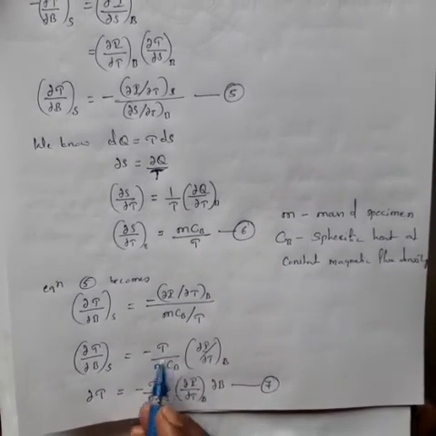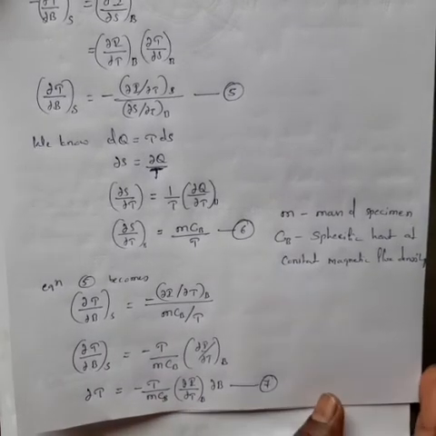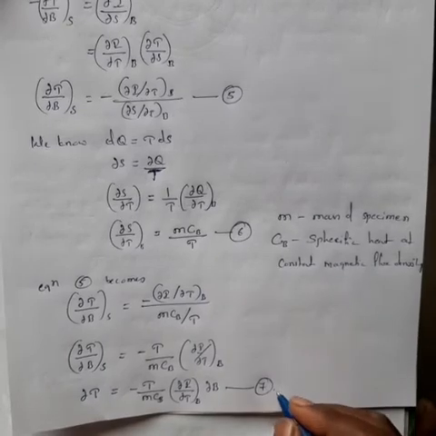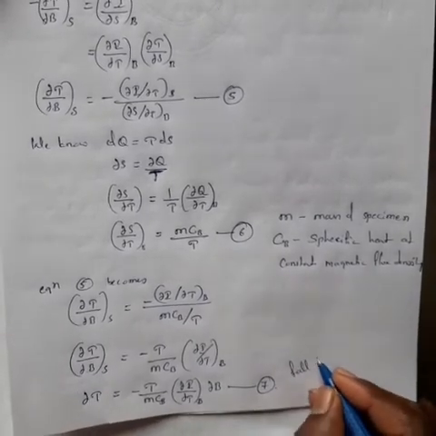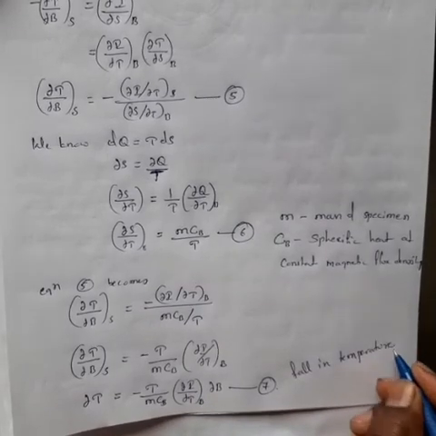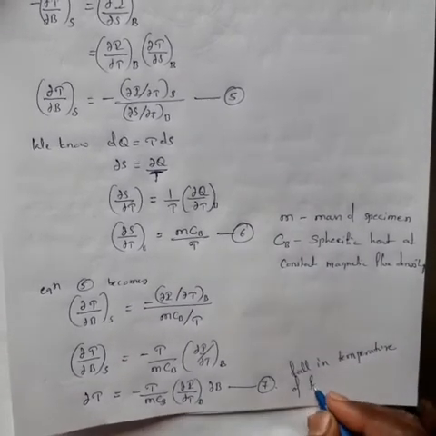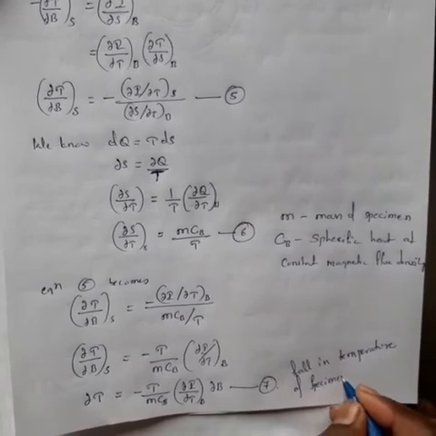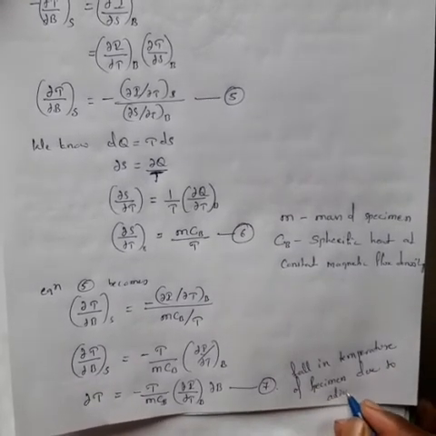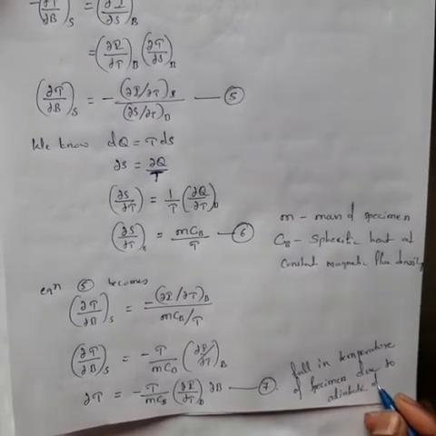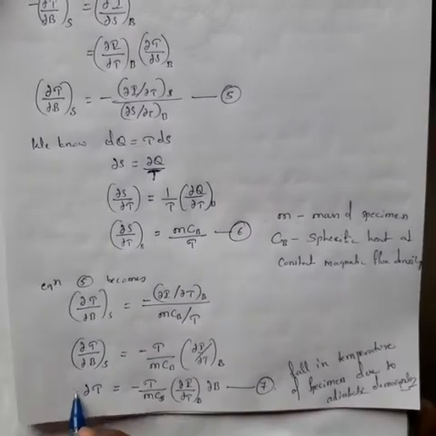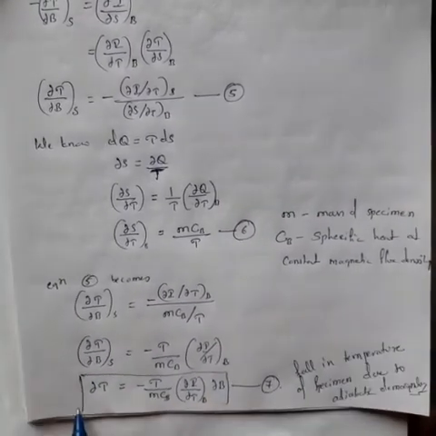We just cross multiplied this. Equation 7 represents the fall in temperature of a specimen due to adiabatic demagnetization, and this is an expression for the fall in temperature.